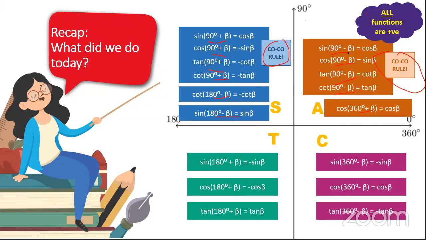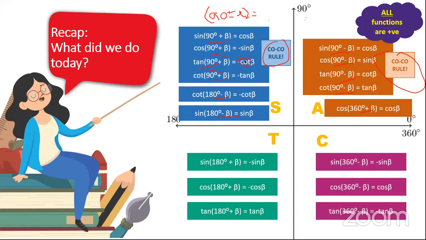Remember what we said when we started the class? We said in quadrants 1 and 2, where your expression has a 90 in it, whether we are talking 90 plus or 90 minus x or beta or whatnot, your function then changes to the co-function.